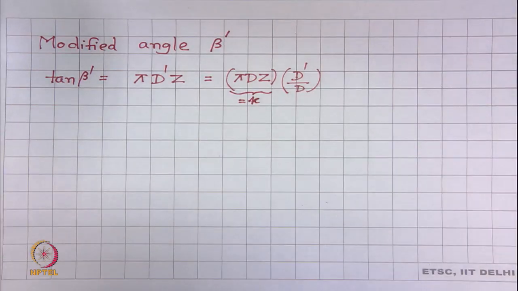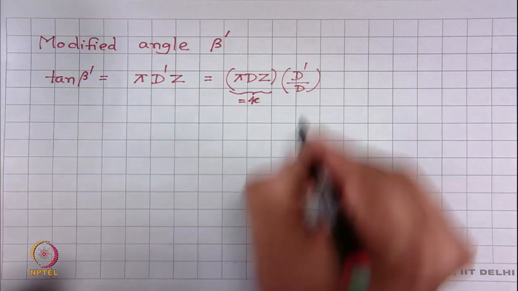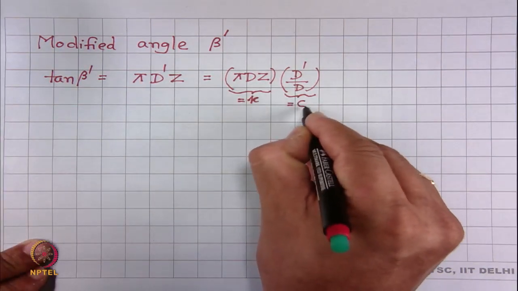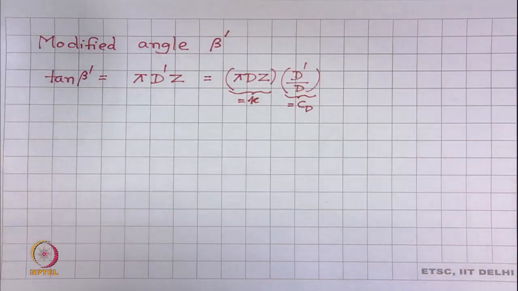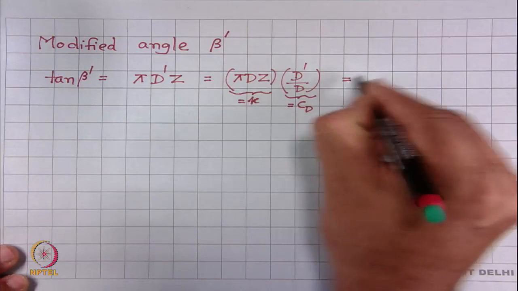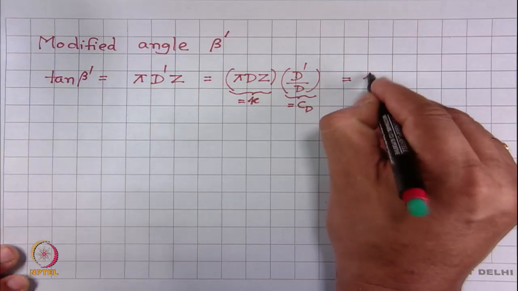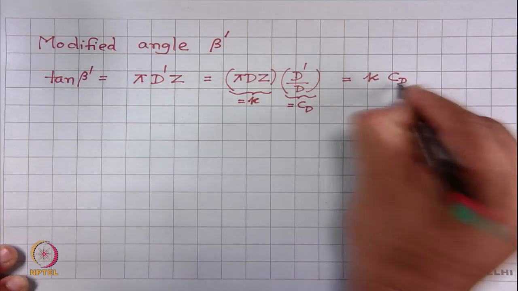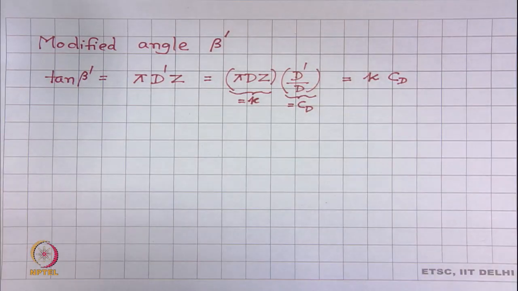And what is D prime by capital D? That is equal to Schwarz constant, C subscript capital D. So, this expression: tangent of beta prime is equal to kappa multiplied by Schwarz constant, right.